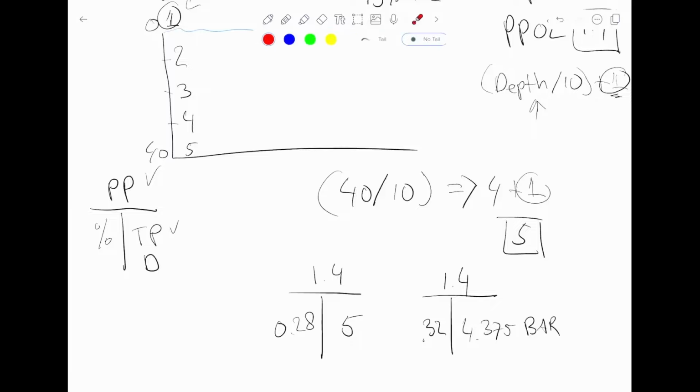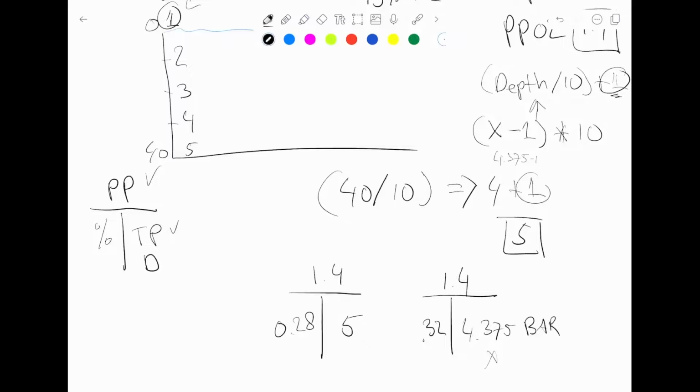If you see this equation, we can also go in a different direction. So if we want to go to depth, we can reverse this. So plus 1, so whatever the answer is, x, whatever, or the answer that I got here, right? Minus 1 multiplied by 10, because that would cancel out this one. Now let's try that. If the answer is 4.375 minus 1, so 4.375 minus 1 would be 3.375 multiplied by 10.